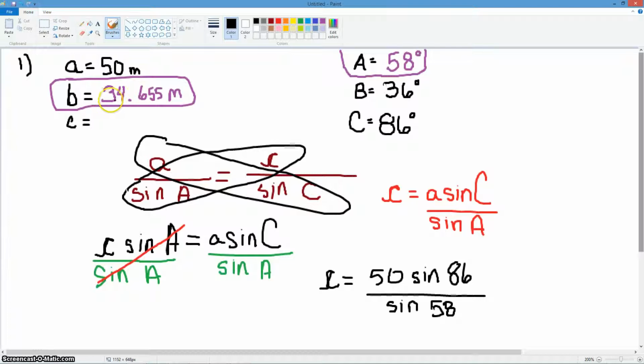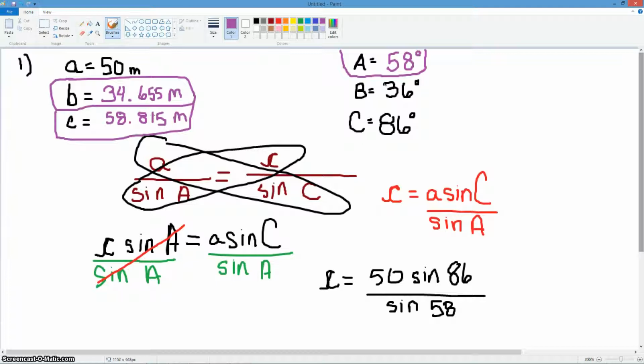Alright, so that's what we get for side C. 58.815 meters. Please don't forget your units because I do take off if you don't remember your units.